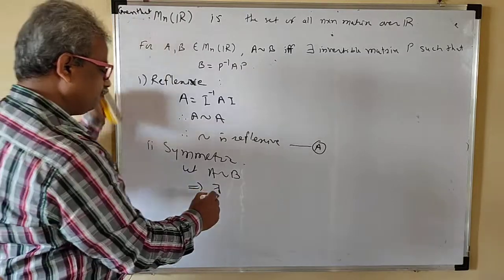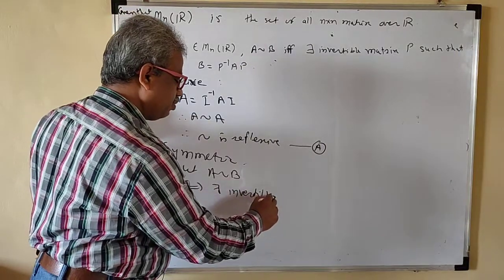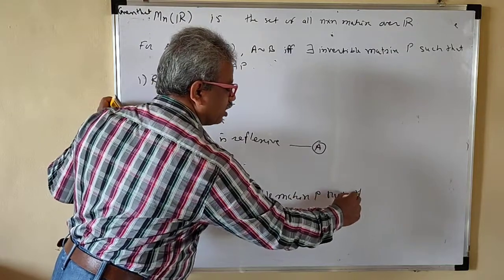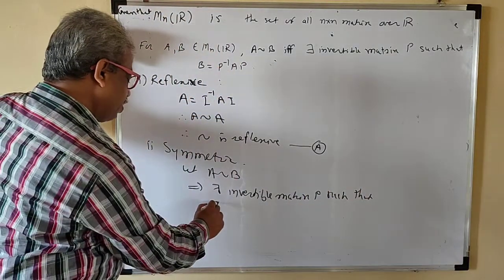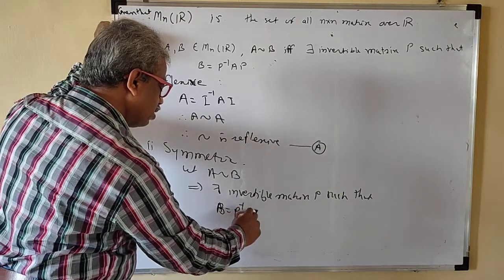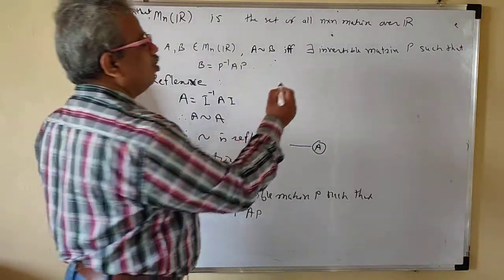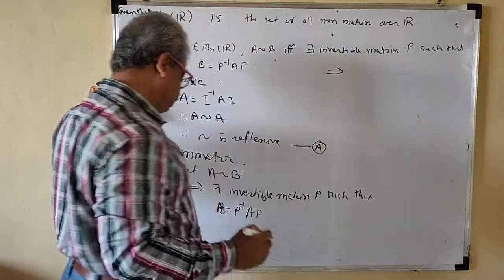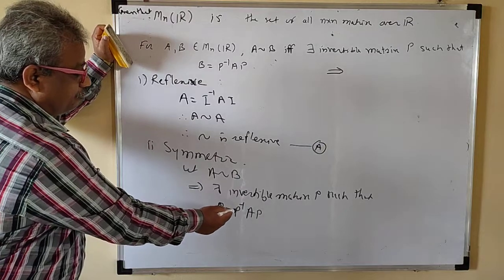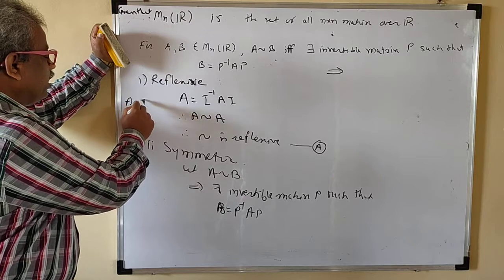There exists an invertible matrix P such that B is equal to P inverse A P. This implies the following. See here, P inverse A P. What we want to prove is that A is related to B implies B is related to A.